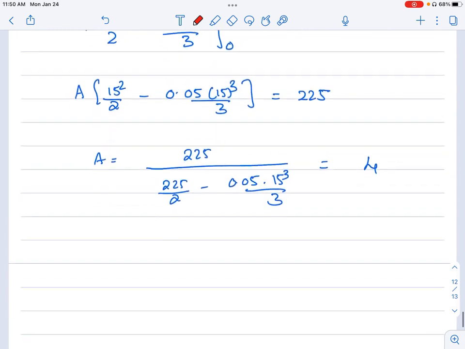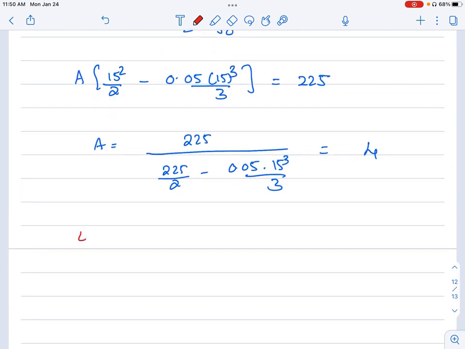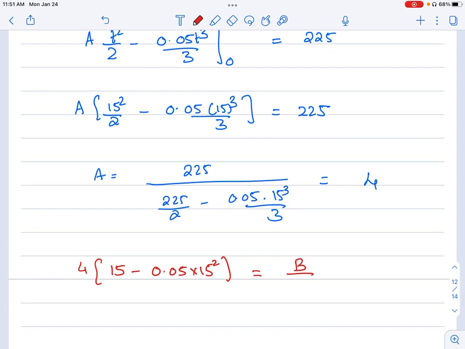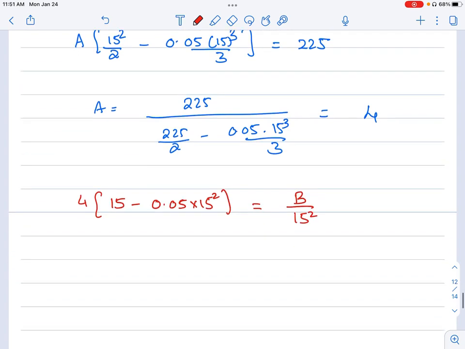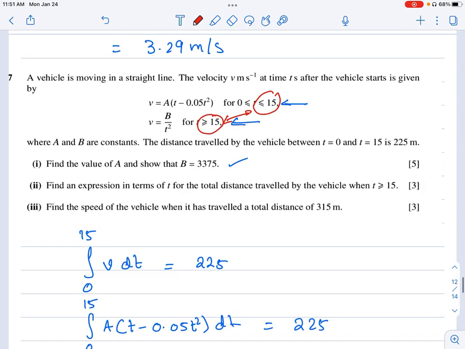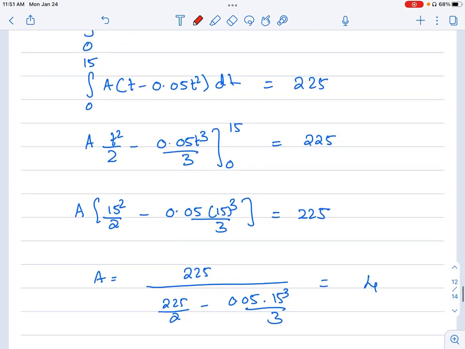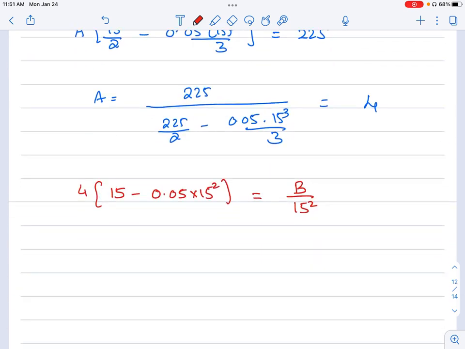When I plug in t equal to 15 in the first expression, that is 4 times 15 minus 0.05 times 15 squared, it should be the same as when I substitute 15 in B upon t squared, which is B upon 15 squared. At t equal to 15 the velocities are the same. So I find the velocity at t equal to 15 using the first equation, find the velocity using the second equation at t equal to 15, and equate both. From here we get the value of B as 3375.